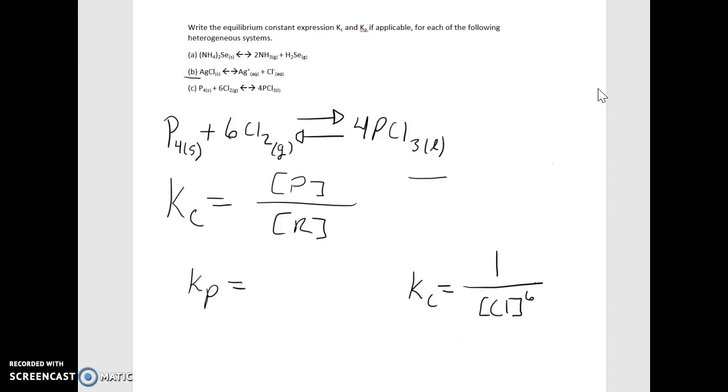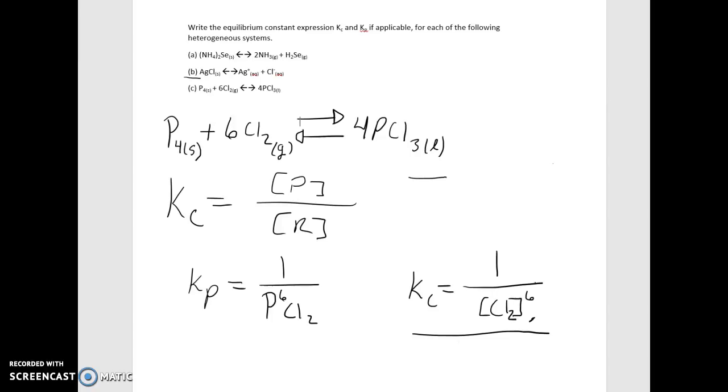And that would be our equilibrium constant expression for concentration. Then our equilibrium constant expression in relationship to pressure would be the same thing basically. However, instead of it being over the concentration of chlorine like we did over here, it's going to be over the pressure of the chlorine, just like that.